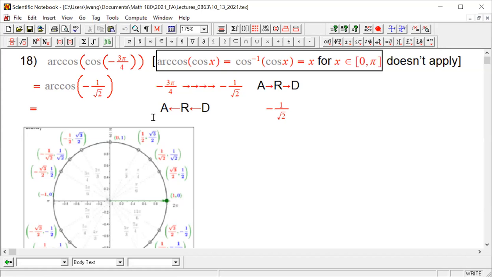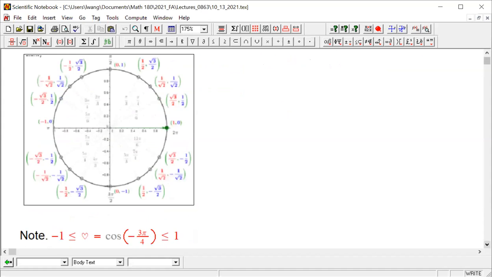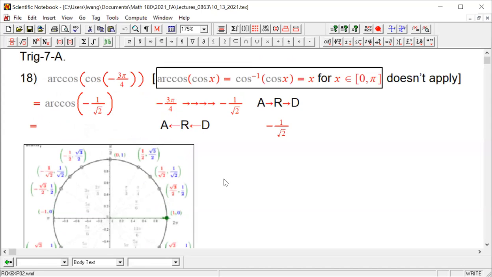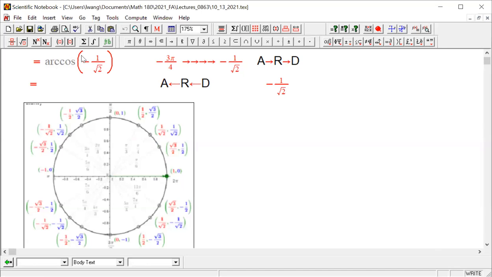But ArcCoSine has its own specifics. We know it takes a ratio, and the ratio needs to be from -1 to +1. The range, the output that is expected, must be between 0 and pi. So with that said and done, you look at all the negative halves from D to A. How many do we have there?